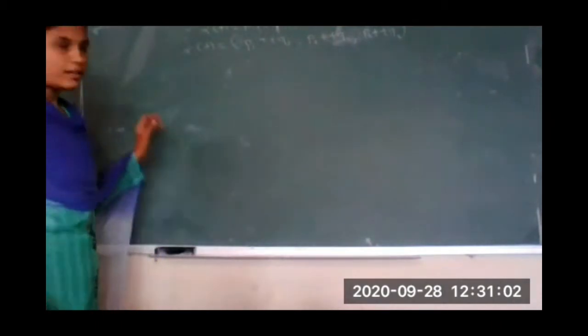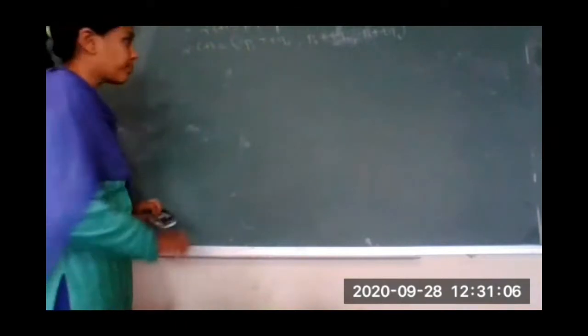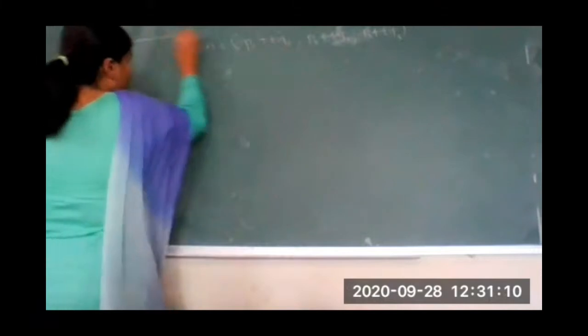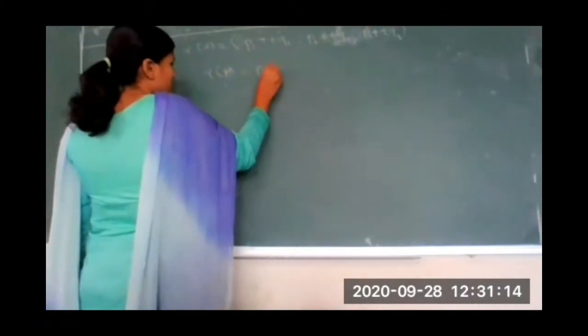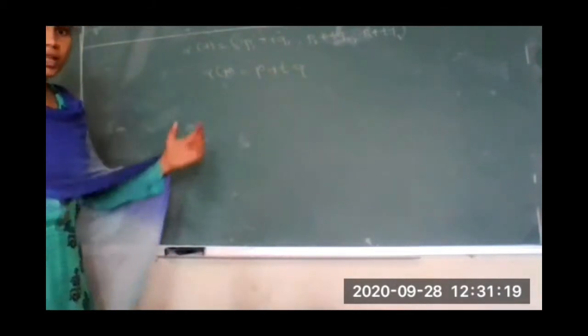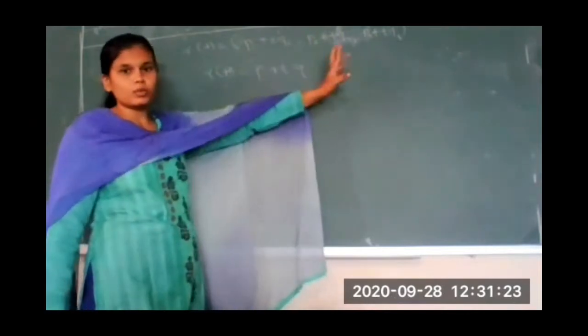So this is the equation of a straight line. In general, alpha of t equals P plus tQ, where P and Q are points in E3 space, with P having coordinates P1, P2, P3 and Q having coordinates Q1, Q2 and Q3.